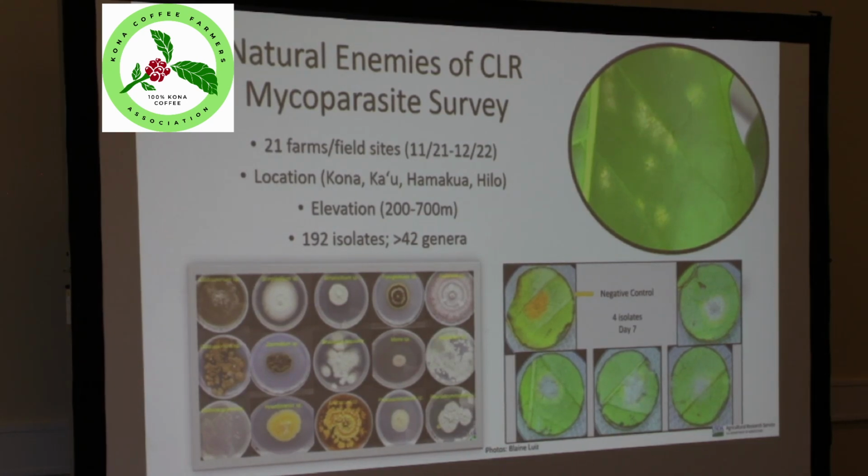And we are now doing assays, that's what the bottom right picture is showing you: when you have a bunch of spores, as the top left is showing you, and you add these mycoparasites, what do they do? You can see they start to colonize, and we're measuring how they're affecting the spores overall.